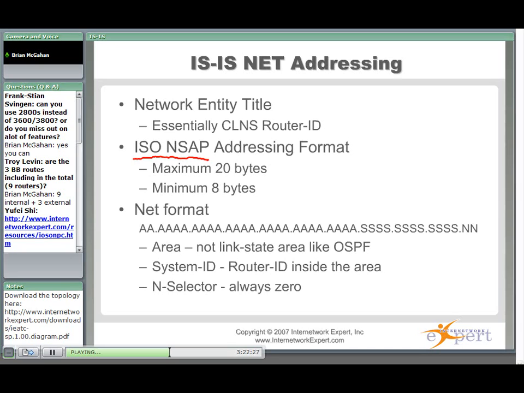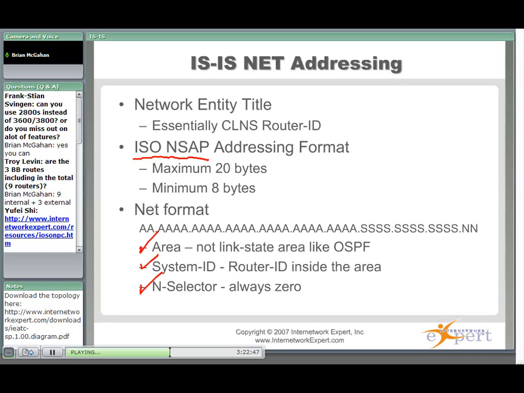Okay, if you look at the actual ISO NSAP standard format, it shows a bunch of different hierarchy that you need to use for the NET address, but that was only significant when you were actually routing the CLNS stack. When we're dealing with IS-to-IS for IP, basically it's going to be made up of 3 portions.